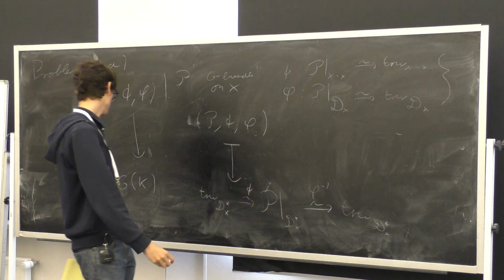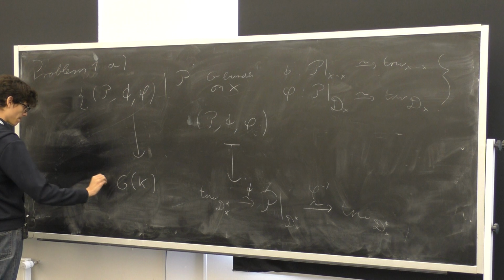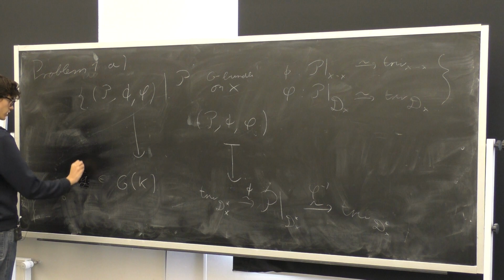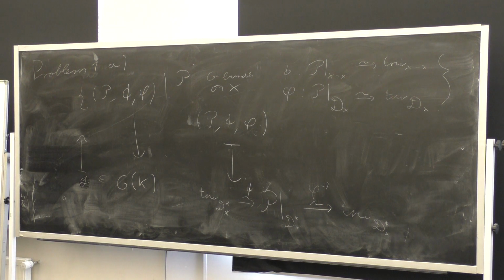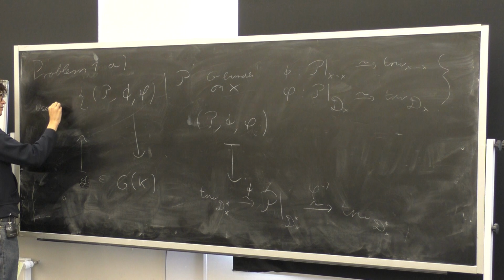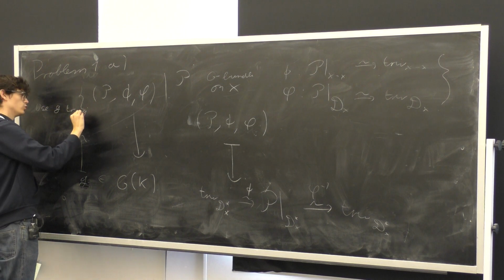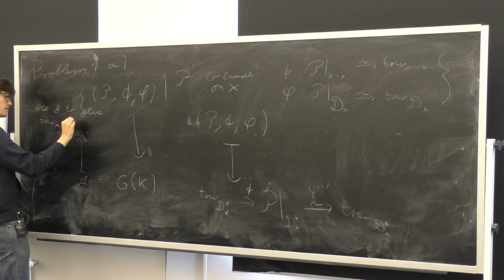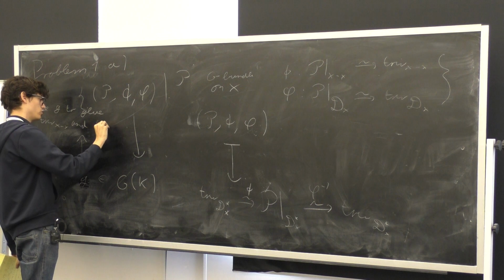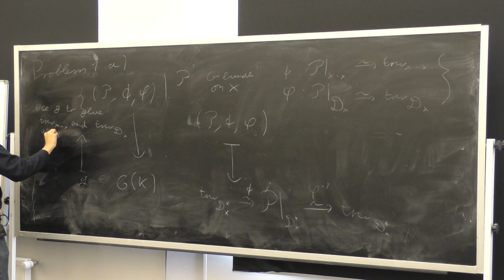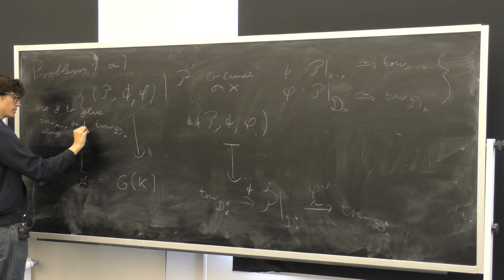And similarly, if you're given an element g of GK, I can construct this set of data by, well, I'm going to write it in words, just use g to glue the trivial bundle on X minus x and the trivial bundle on D_x along D_x star.